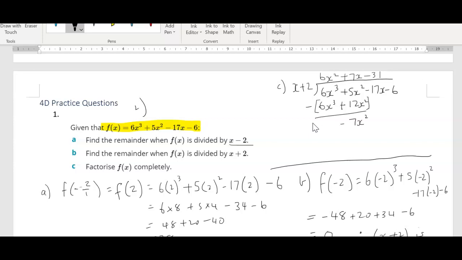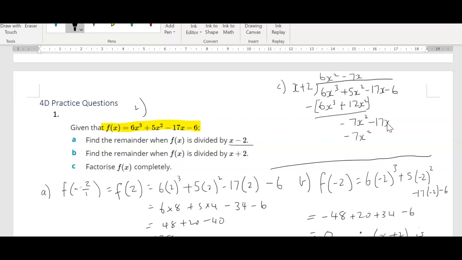So 5x squared minus 12x squared is -7x squared minus 17x. All right, so x into -7x, so I should have a minus up there as well. So I might just get rid of these. All right, so -7x, yeah, there we go.